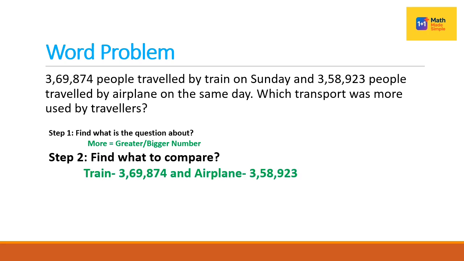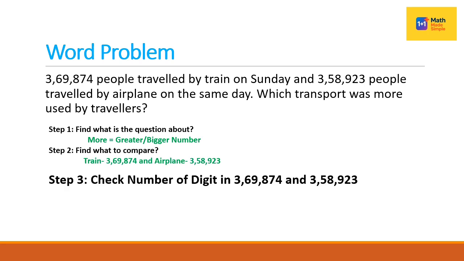So in this, we first see how many people travel by train, which is 3,69,874, and the people who travel by airplane are 3,58,923. Now as a next step, we'll check the number of digits in both of these numbers to find which one is greater. Both of these numbers have 6 digits.